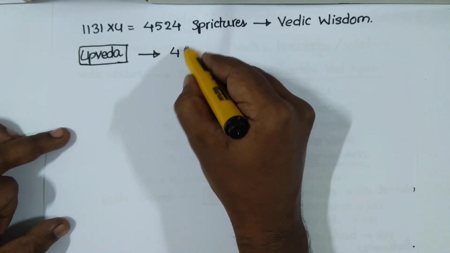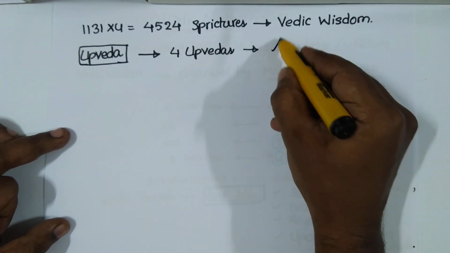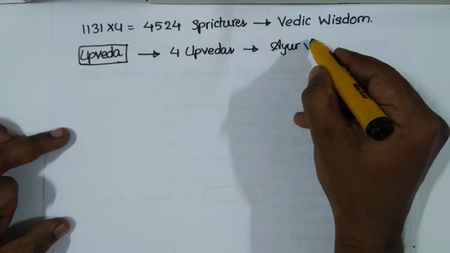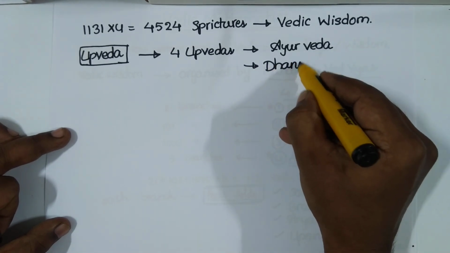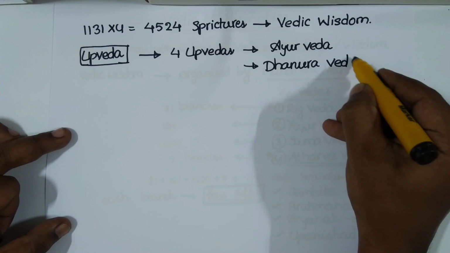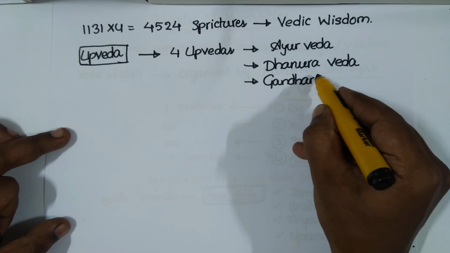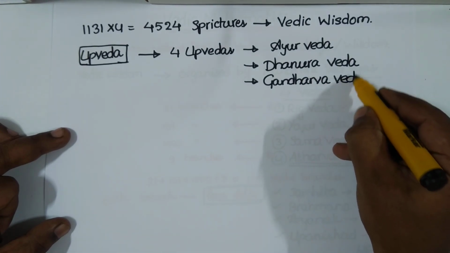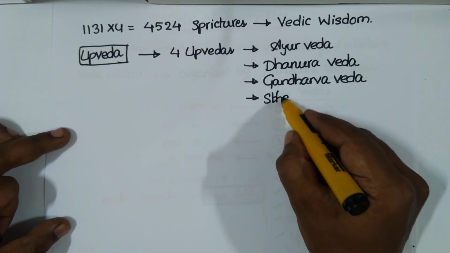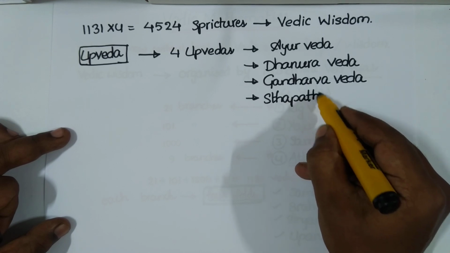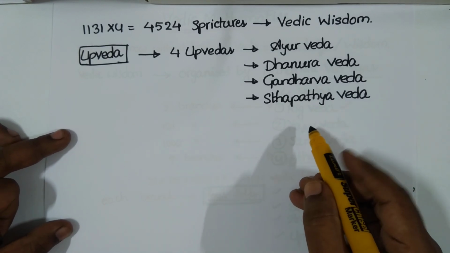So 4 Vedas lead to 4 Upavedas, and they are Ayurveda, and also Dhanurveda, and also Gandharva Veda, and lastly, what we are going to deal with in this course, Sthapatya Veda.